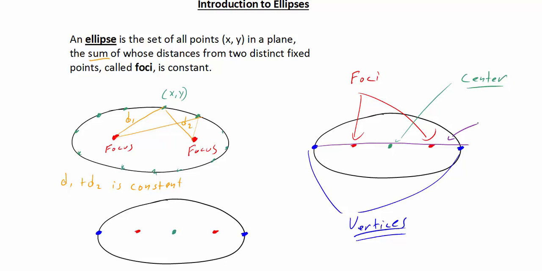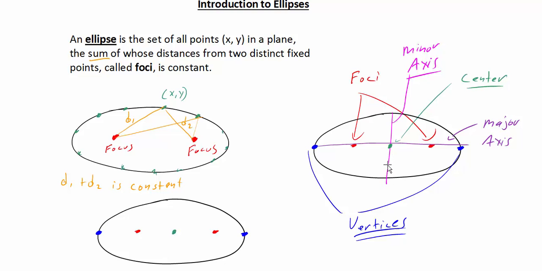So this here is the major axis, and that is simply because it is the longer axis, whereas the axis going from, in this case, top to bottom is called the minor axis. And it's possible that the major axis, like this example, is going to be horizontal and the minor axis is vertical.